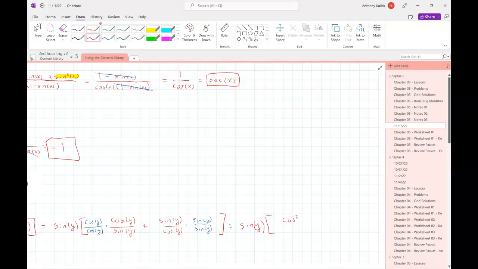So I'm going to have cosine squared y plus sine squared y. Oh, I like that. Over sine y times cosine y. What do you guys notice now?